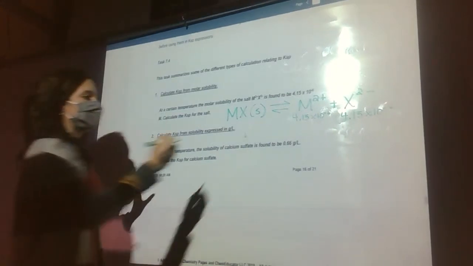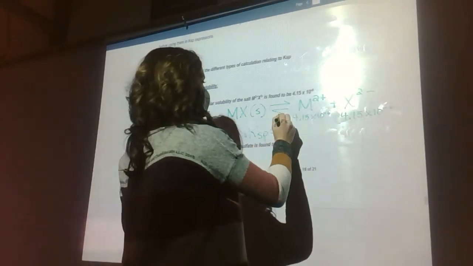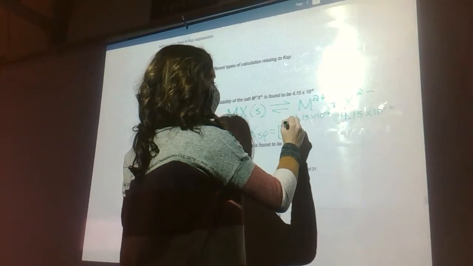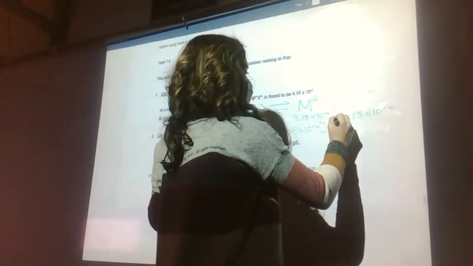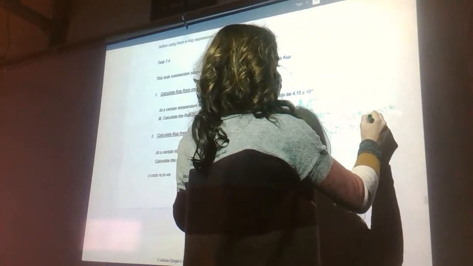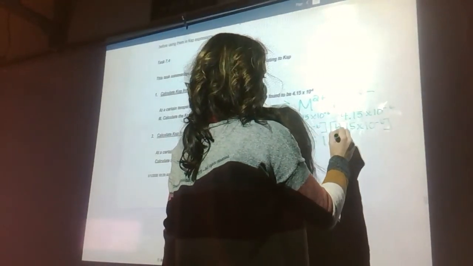And then to calculate Ksp, you would take 4.15 times 10 to the negative 6 times 4.15 times 10 to the negative 6. And you would get 1.72 times 10 to the negative 11th. So all you do is you multiply concentrations.